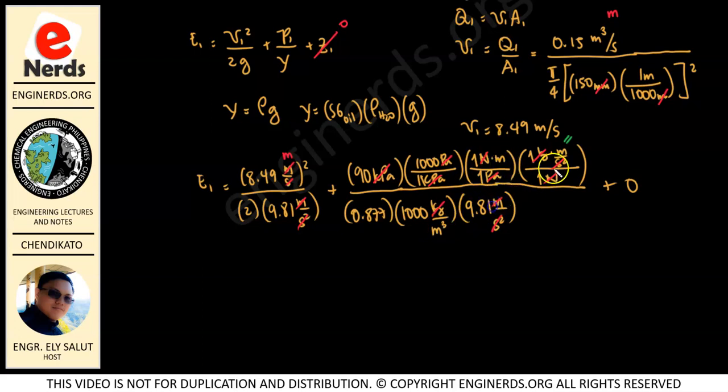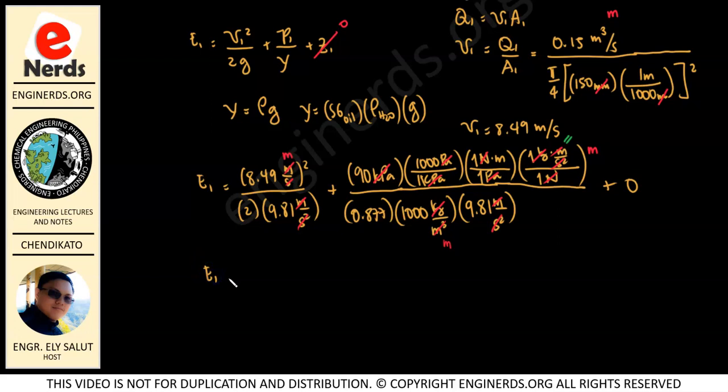So, ang square meter natin will be cancelled out. Ang may iwan sa atin is meter, no? So, this is denominator dito sa ating denominator, no? So, therefore, it will be a numerator. So, our unit will be in meters. So, meters plus meter, we can add them up, no? So, therefore, we can now proceed calculating our E1.